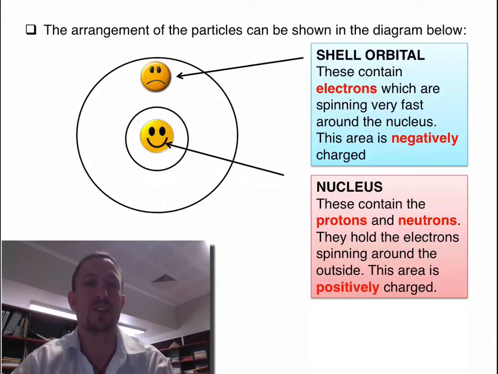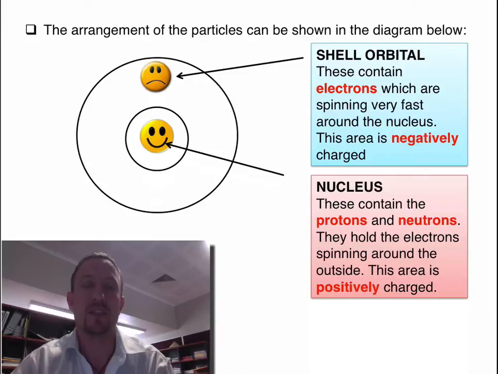This is positively charged, so it's a happy face. What we need to understand about the nucleus is that it is responsible for all the mass of the atom. Remember, the electrons have very, very little mass at all, so it's only the nucleus that will give the atomic mass to the atom.